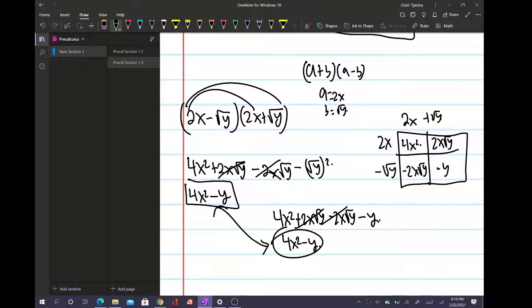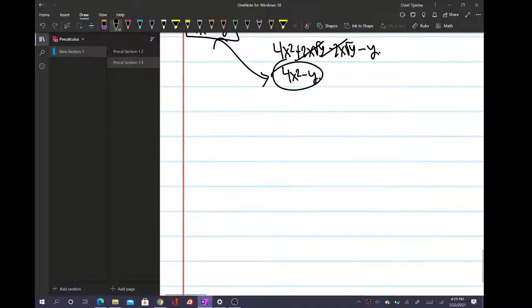So in reality, I could have used that rule. And I could have just said, oh, this is just 2x quantity squared minus the square root of y quantity squared, and it's 4x squared minus y. So really, there's no one way to do this. You can do it any way that your heart desires.